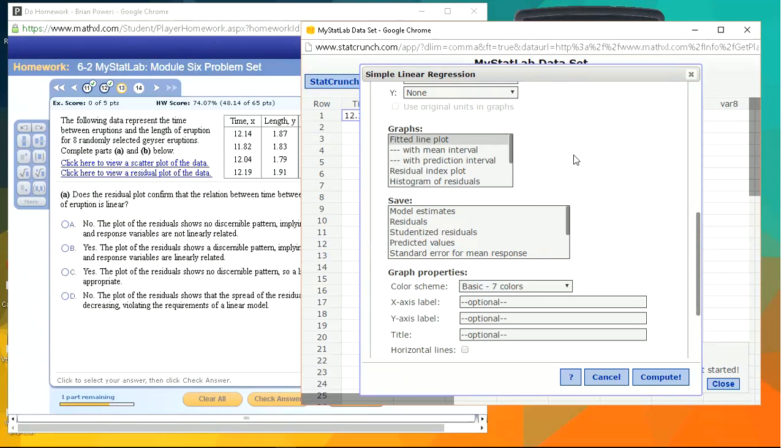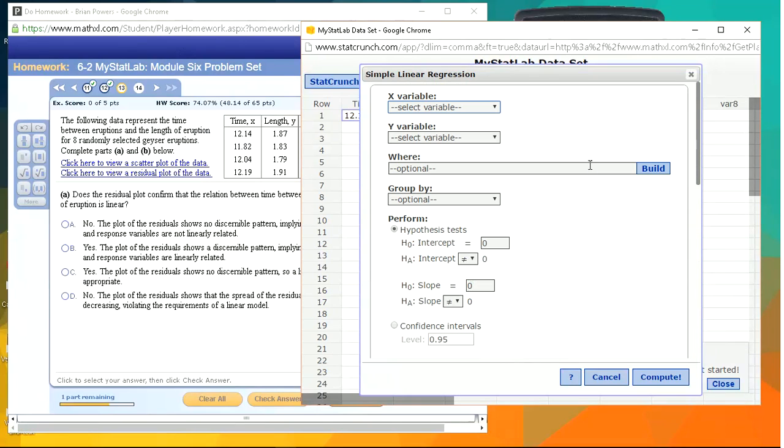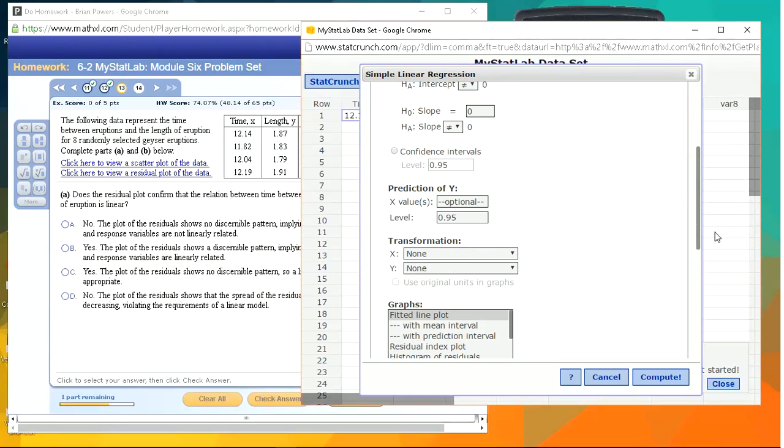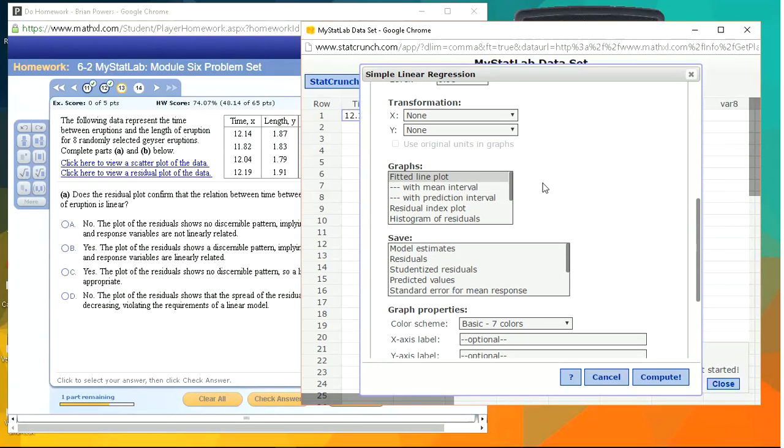Okay, so we pull up the simple linear regression, select our x variable and our y variable. There's a lot of options down below. If you scroll down, you've got graphs: a residual index plot, residuals versus x values. That's what we want, residuals versus x values.